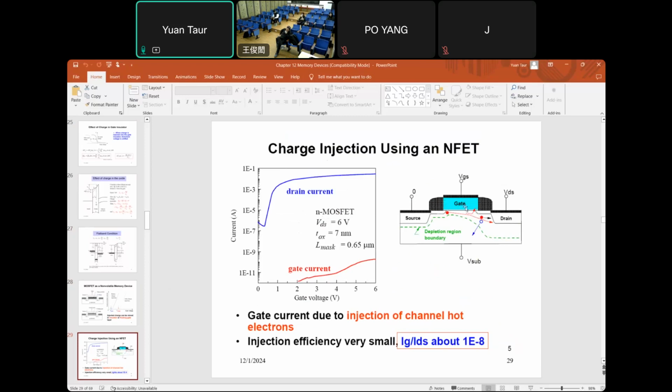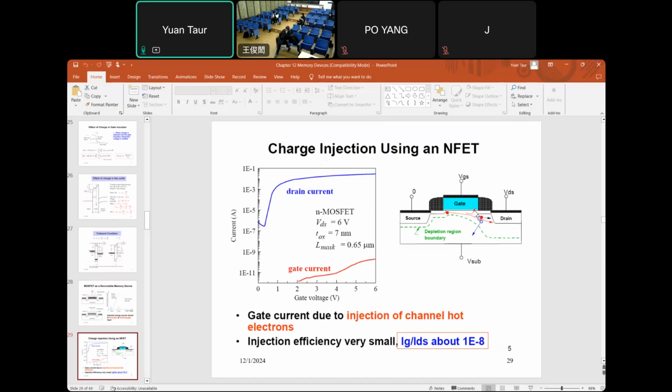This is an NFET. If you bias the drain very high, then you have a very high field region near the drain. Some of the electrons can have energy large enough to overcome the barrier between the silicon and SiO2, and therefore go into the gate.